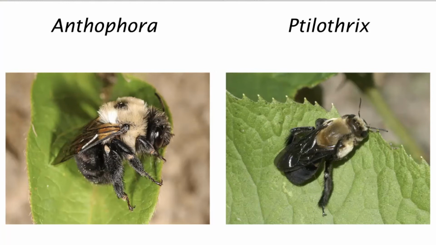I'm not giving you out of focus, blurry photos or anything. So try to use the key so that you're familiar with it, so that if you ever get a photo that's less good than the ones I'm choosing for you, you'll be able to figure out what the bee is. So I guess that's my hint to you.